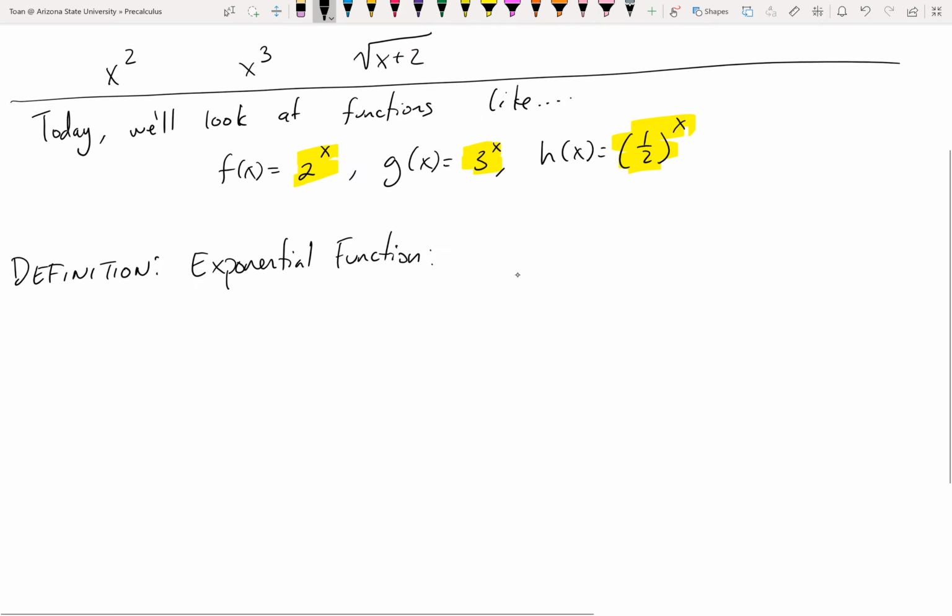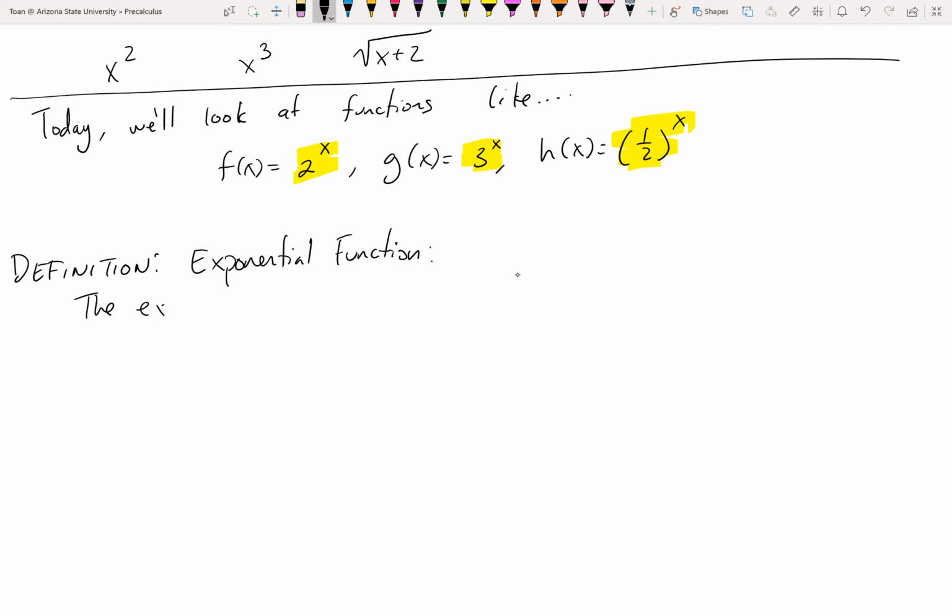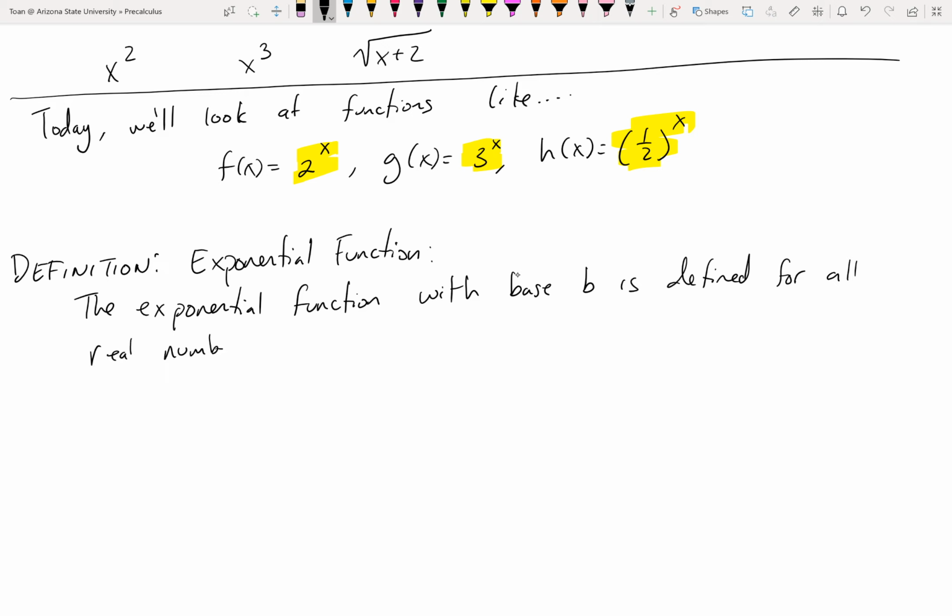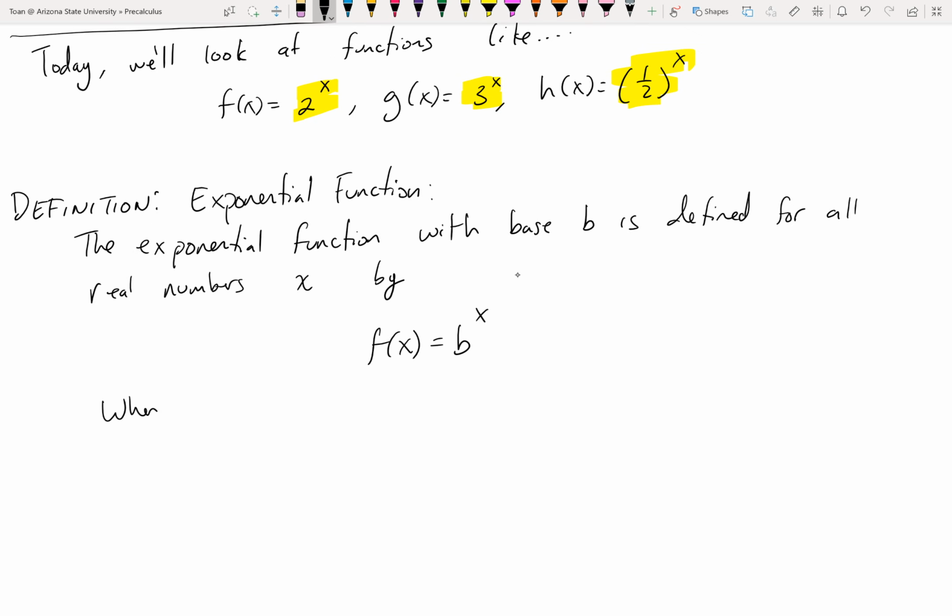So the definition is: the exponential function with base b is defined for all real numbers x by f of x equals some base to the x power, where the base is greater than 0, and we really don't want the base to be 1.